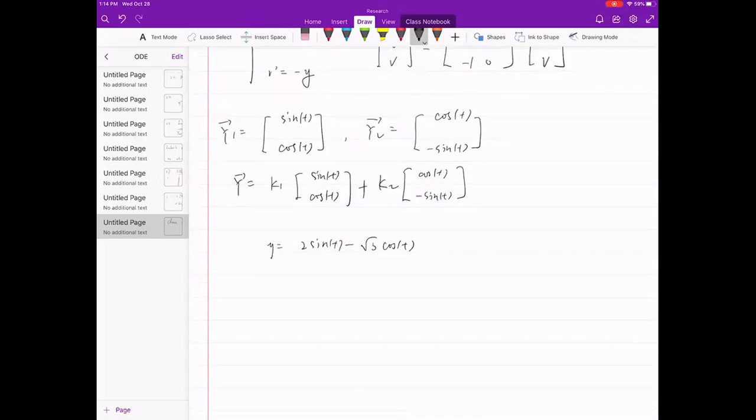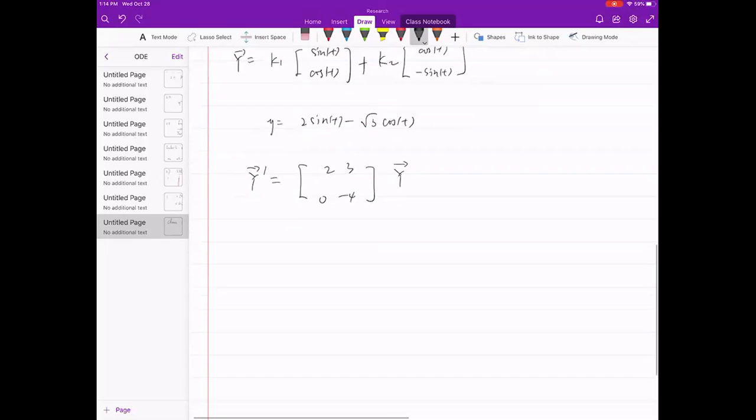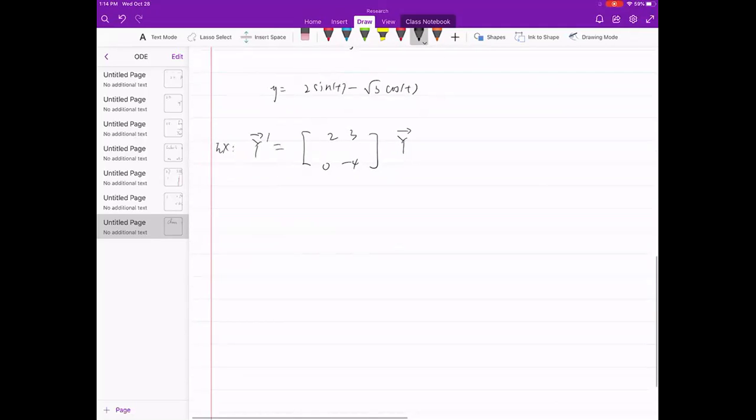All right, here is another example we can quickly show, a system that looks like this. How do we solve it?